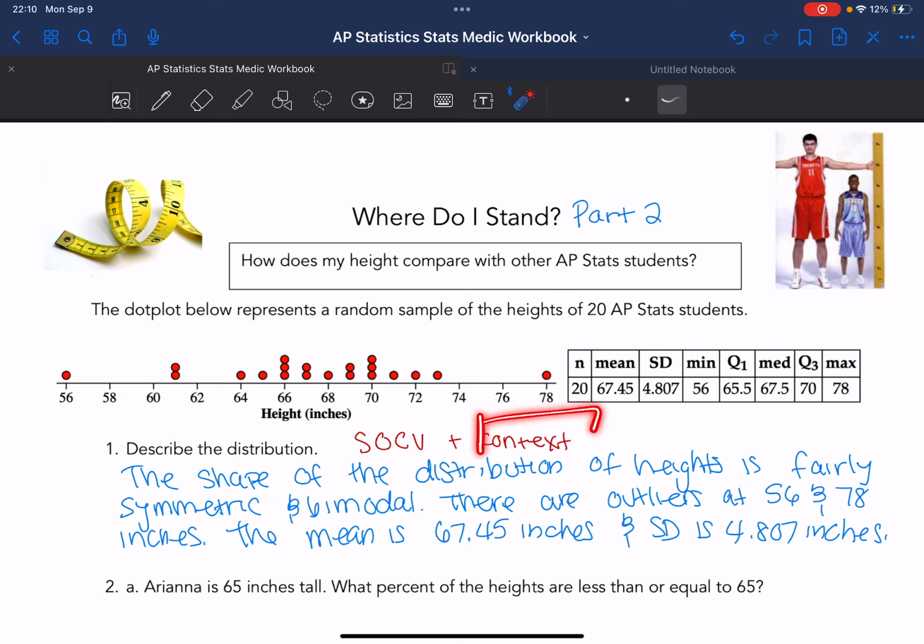The context is what we're talking about. So instead of just saying the shape of the distribution is fairly symmetric, we said the shape of the distribution of heights. Heights is our context because that is what our data is describing, the heights of 20 AP Stats students.